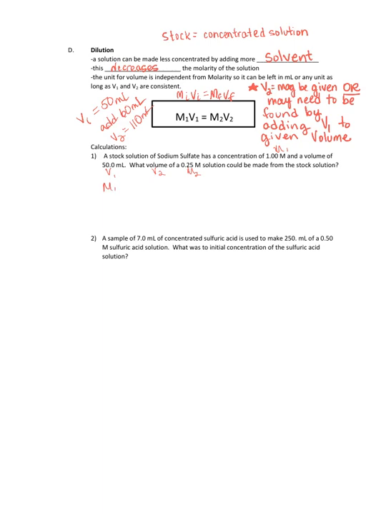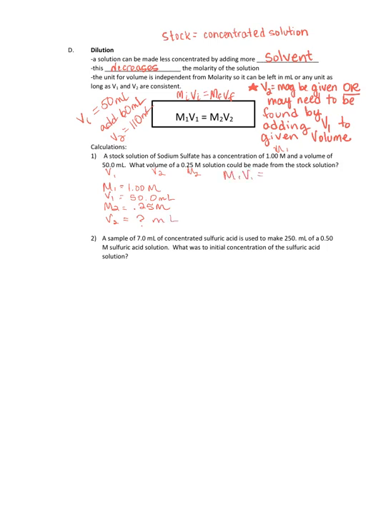So I'm going to make a table: M1, V1, M2, V2. V1, 50.0 milliliters. M2, 0.25. Again, it's getting less concentrated because we're diluting it, and we want to know what volume. And again, milliliters is fine.